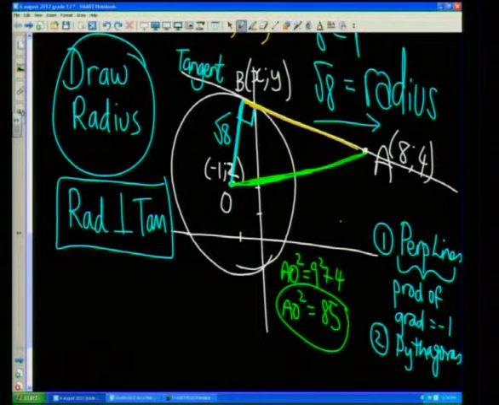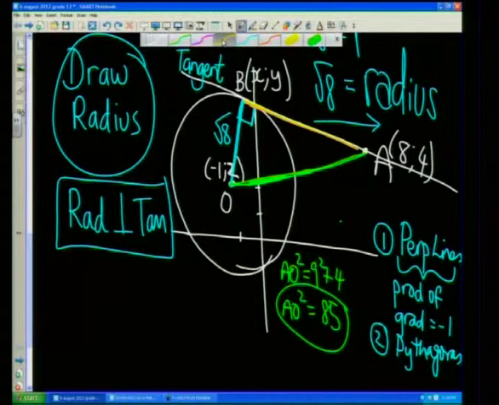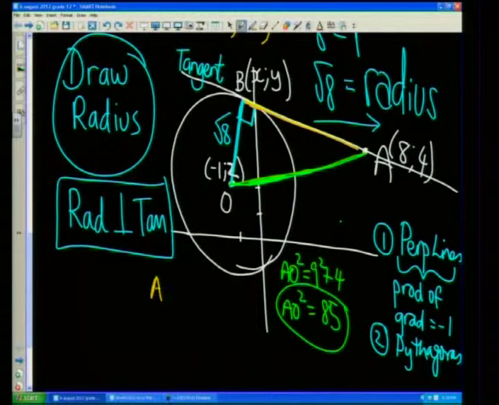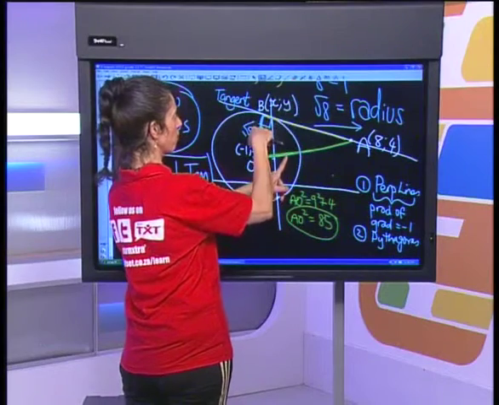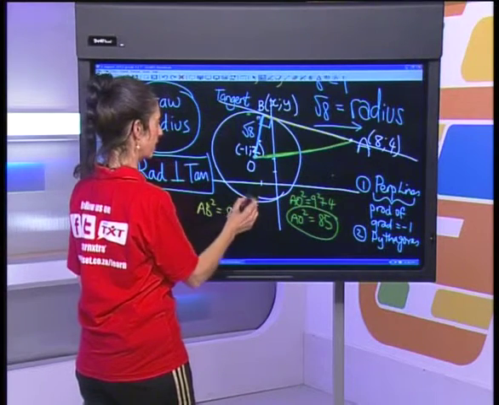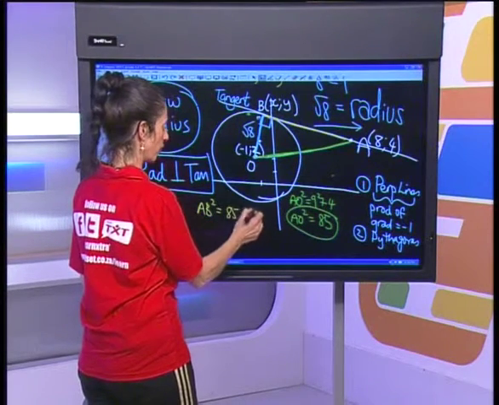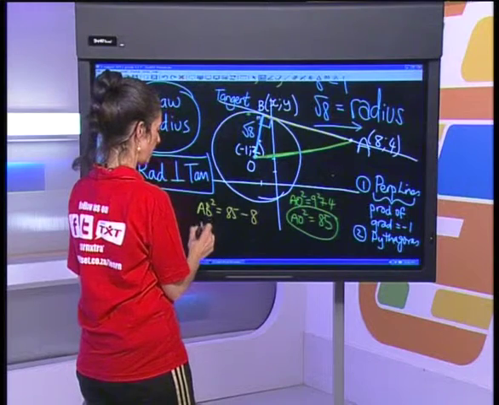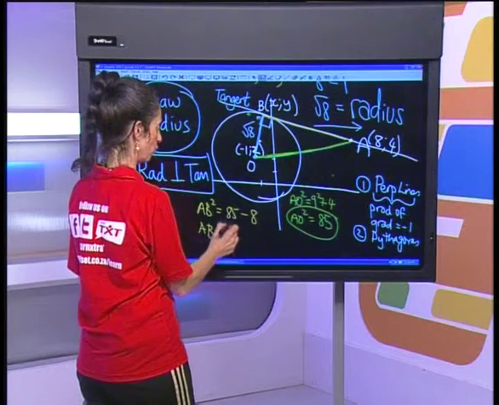Okay, so that's my green length squared, which is my hypotenuse. So if I'm using Pythagoras, then my yellow length, AB squared, would be hypotenuse squared minus √8 squared, so it would be 85 minus 8. So AB would be root 77.